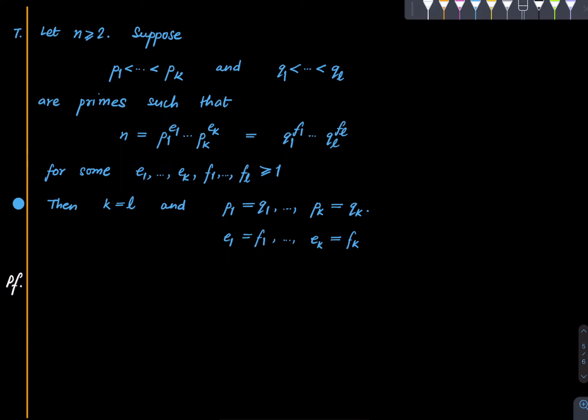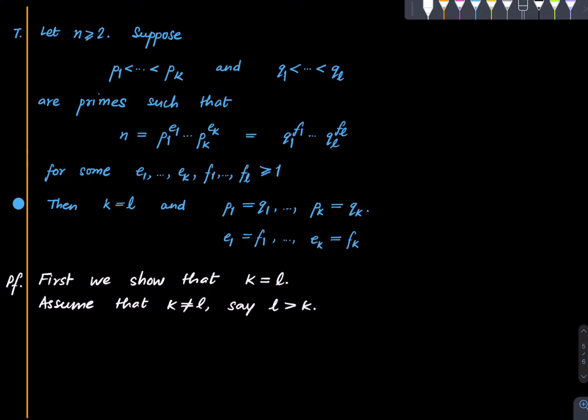So let's prove it. So first we will show that k equals l, and to prove this, assume on the contrary k does not equal l, and say l is greater than k. If k is not equal to l, then one is greater than the other. Say l is greater than k. Okay.